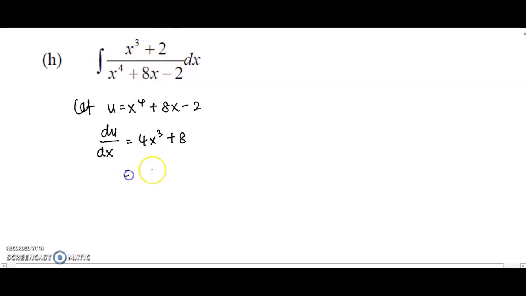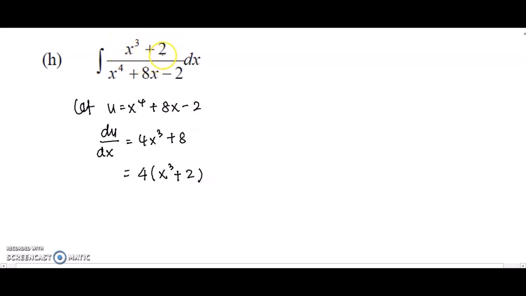But if you factor out the 4, because 4 is a common factor between these two terms, you may see the x cubed plus 2, which appears in your question.